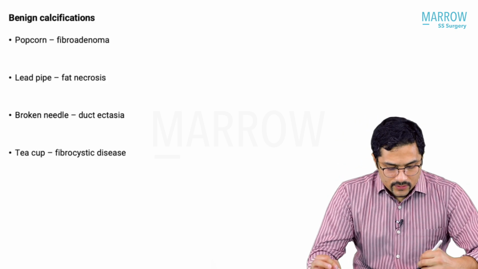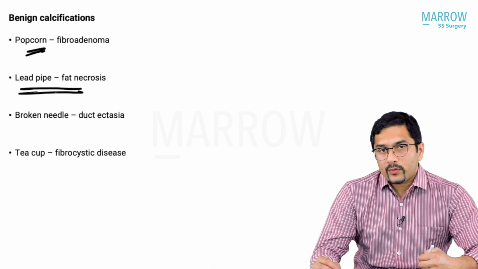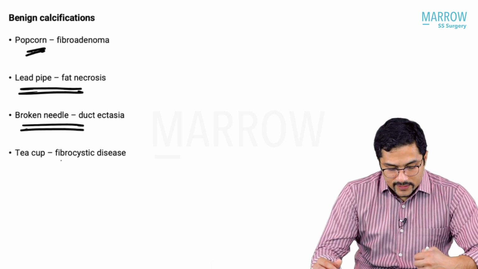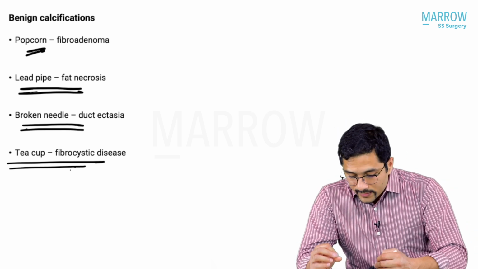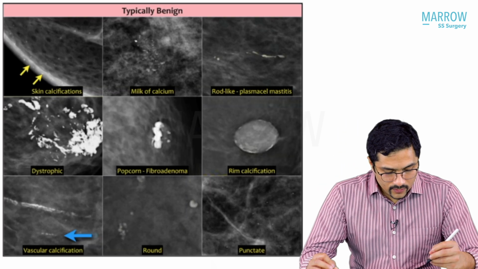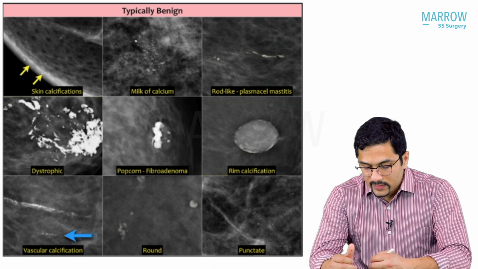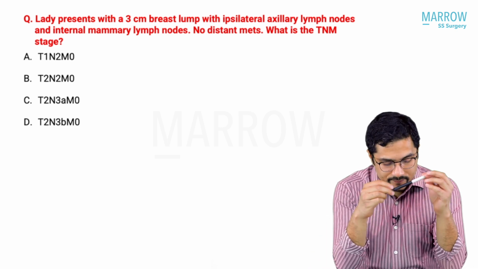Benign calcifications, you know, popcorn calcification is seen in fibroadenoma, lead pipe, you get fat necrosis. In fat necrosis, broken needle is seen in duct ectasia, teacup is seen in fibrocystic disease. These are the typically benign calcifications. Clustered microcalcifications, I have told you, can be seen in patients with DCIS.